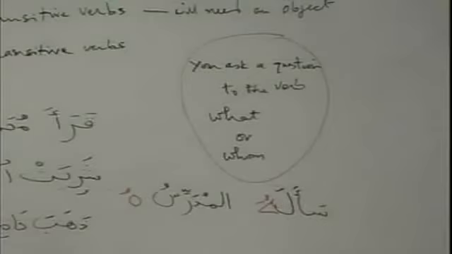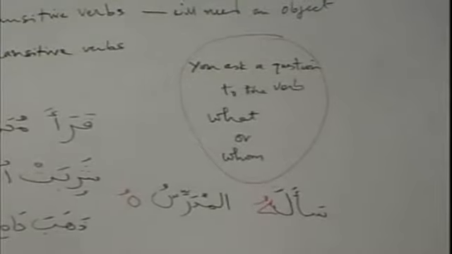Now, I want to attach all the 14 pronouns with this verb. If you say sa'alahu al-mudarrisu, what is the meaning, the translation? The teacher asked him. Now we start our 14 pronouns. Sa'alahuma al-mudarrisu. What's the translation? The teacher asked the two of them.